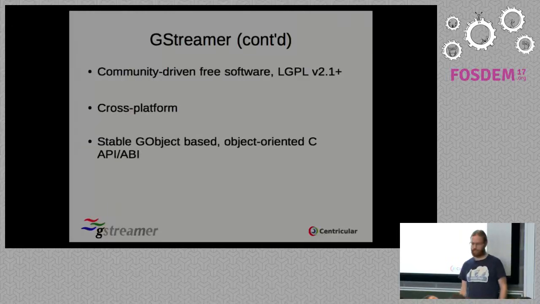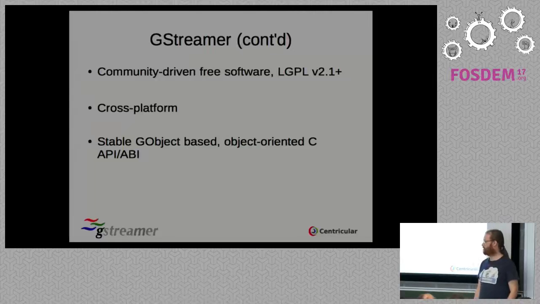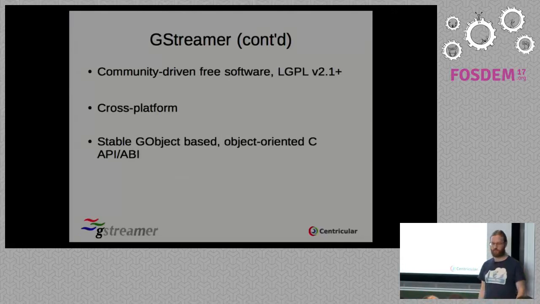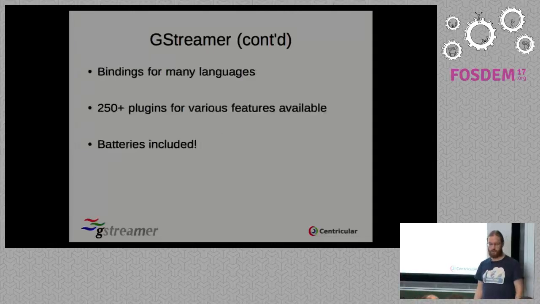GStreamer is written in C, which is not ideal. It's a very low-level language. Usually, if you want to build applications, you don't really want to go that low. The API that we provide is based on GObject. You all know C doesn't have object orientation, so for that we use GObject, which adds it to C. Thanks to that, it's very easy to create bindings for other languages.